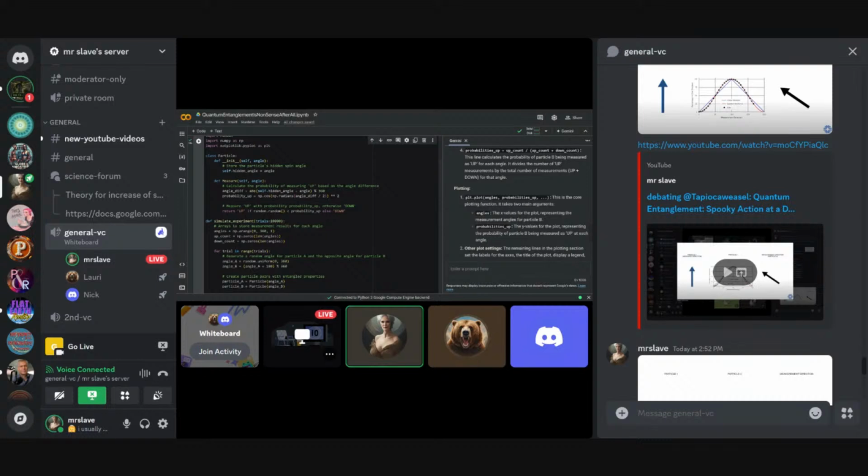Apparently, the whole argument is that if you assume hidden variables, you're supposed to get the straight lines, the blue lines, and if you're using the Bohr model, which is the spooky action at a distance, only then can you get the curves. And that difference is enough to claim that there's entanglement and that particle A is talking with a walkie-talkie to particle B instantly across the visible universe and nonsense like that.